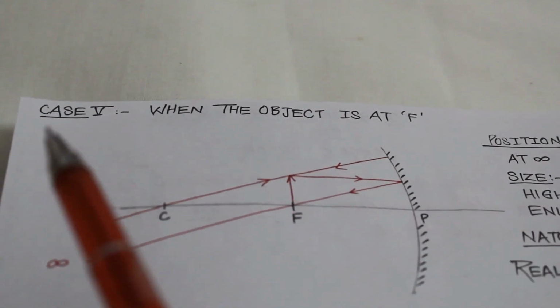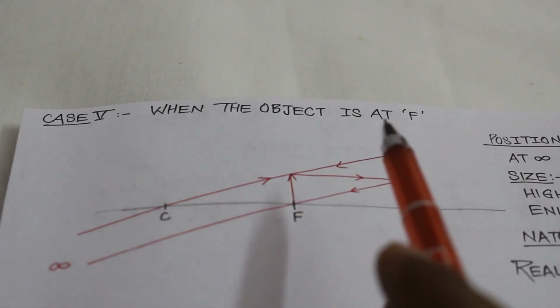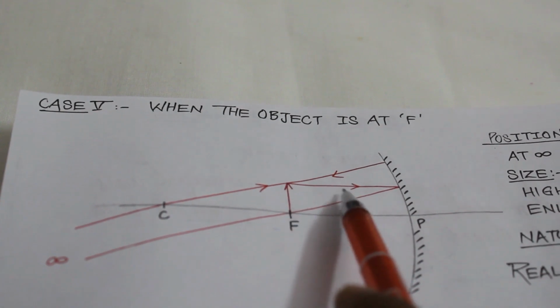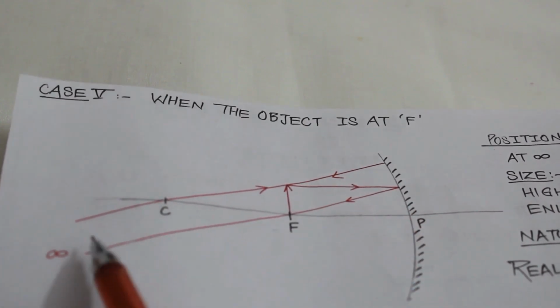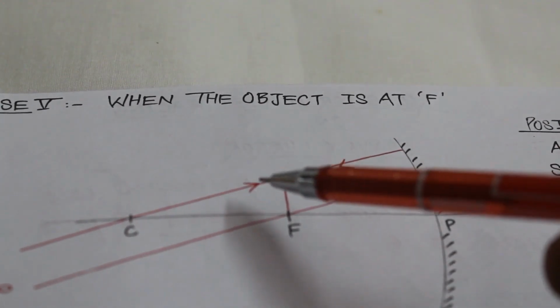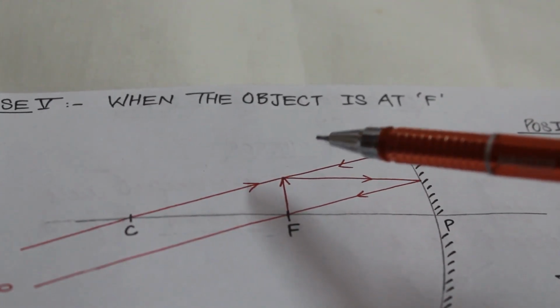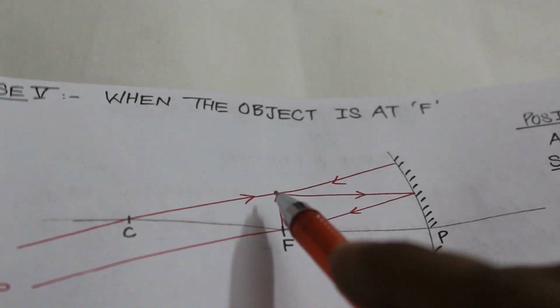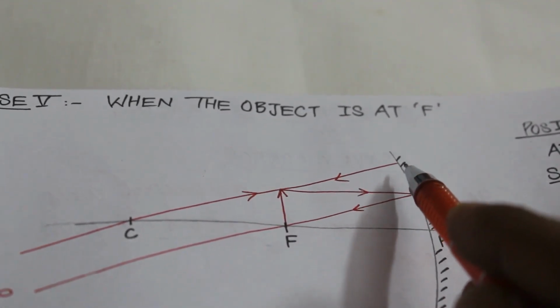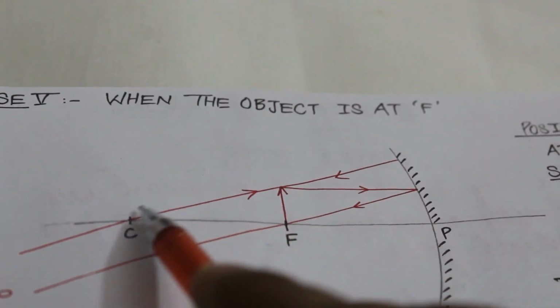The next case which we are going to discuss is when the object is at focus. So the object is kept at focus. The first ray, it is parallel passing through focus. Here I can't use the second rule as the object is on the focus. So what I have done is I have used the third rule. I'll draw a line such that it strikes the mirror and it passes through center of curvature.